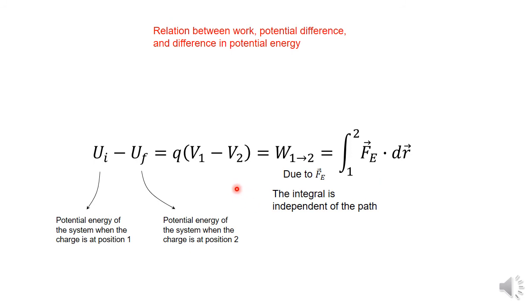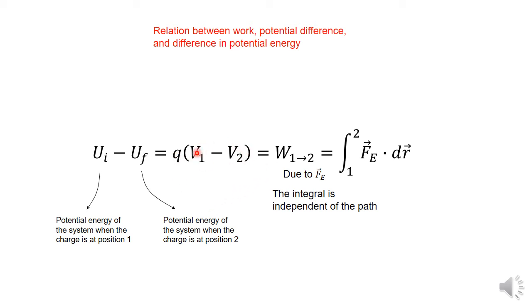So this gives us a relationship between the difference in energy between two different configurations. U initial is the potential energy of the system when the charge is at position 1. U final is the potential energy of the system when the charge is at position 2, and this difference in potential energy between two different configurations is related to the potential difference between two points in space through the charge.